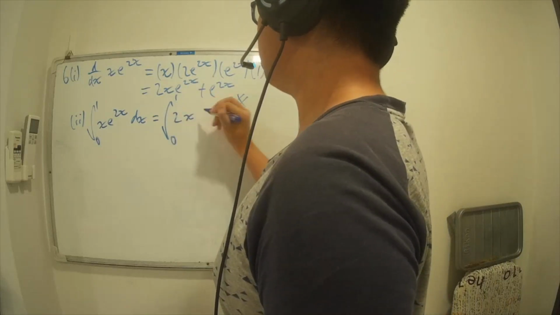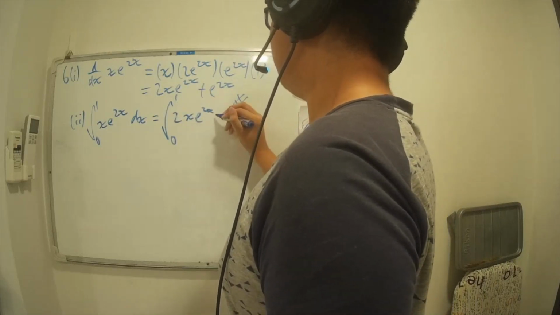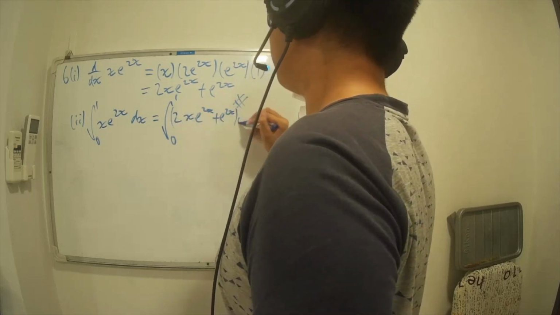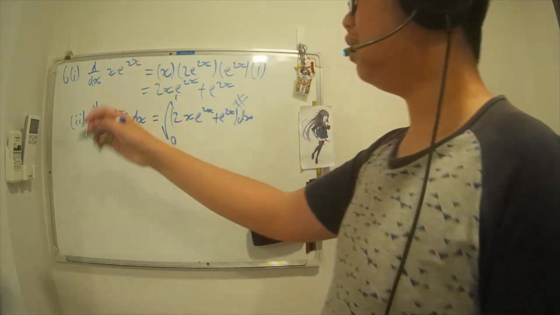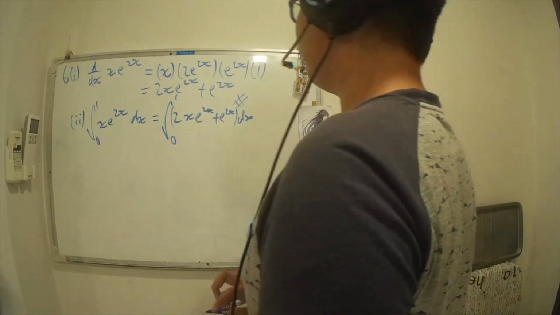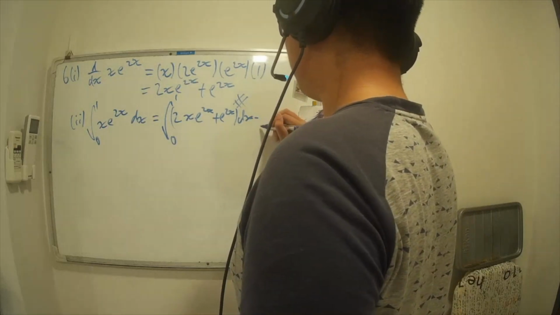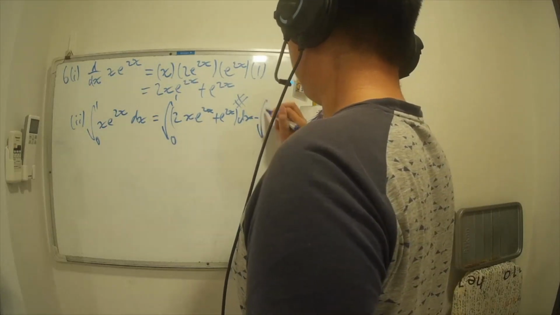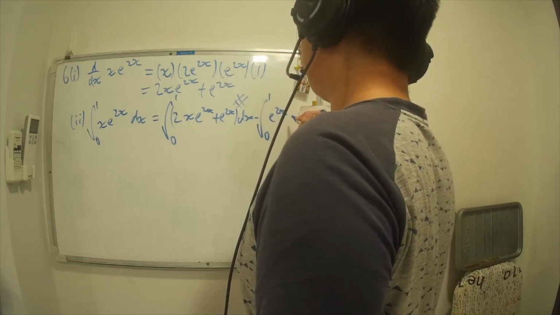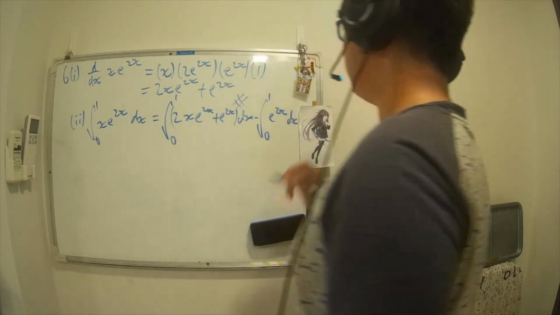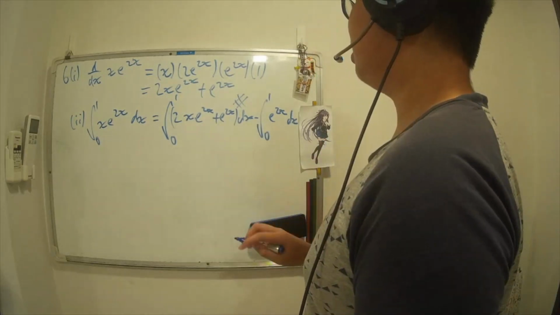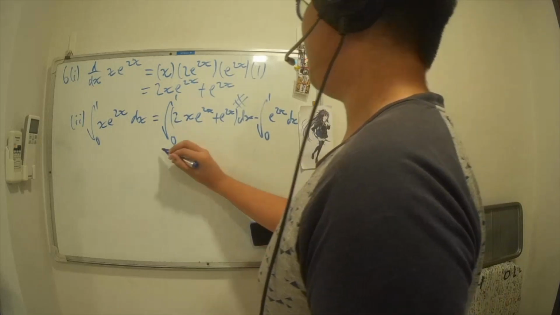this one, the integral of 2x e to the 2x plus e to the 2x dx, because we know that this is x e to the 2x plus c. Then we will subtract the integral from 0 to 1 of e to the 2x dx. Toka, I need you to be a bit careful. And this whole thing here will divide by 2.